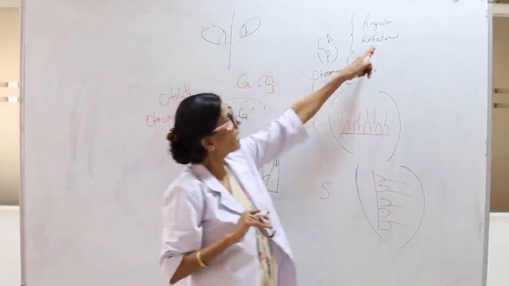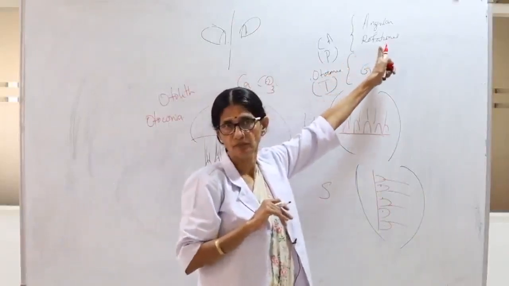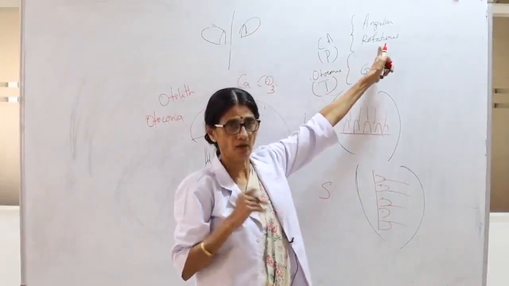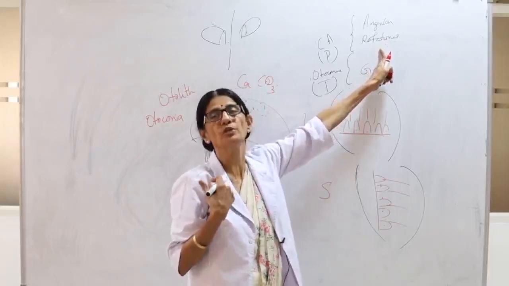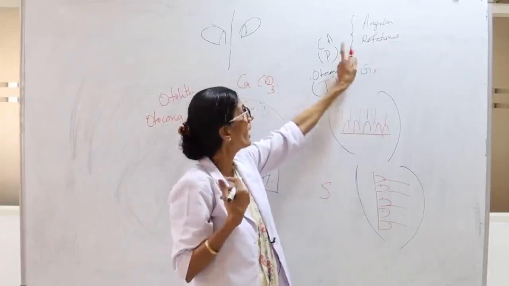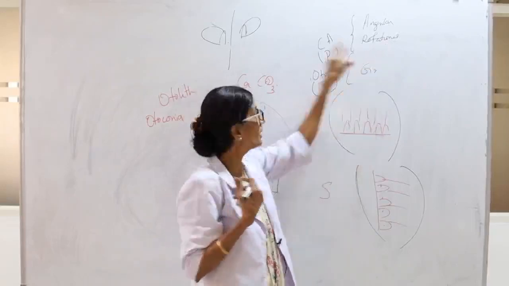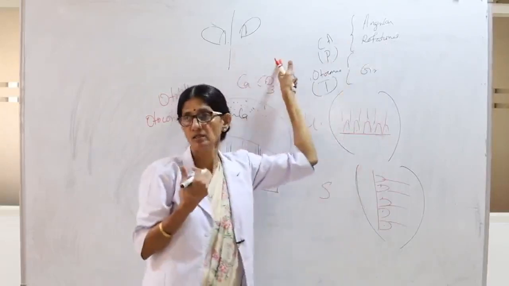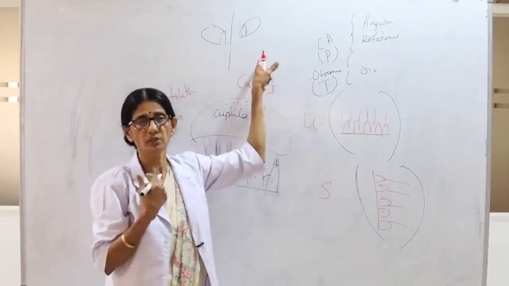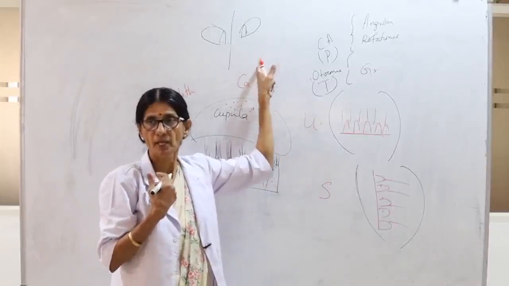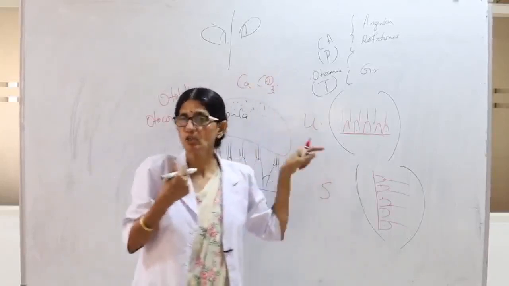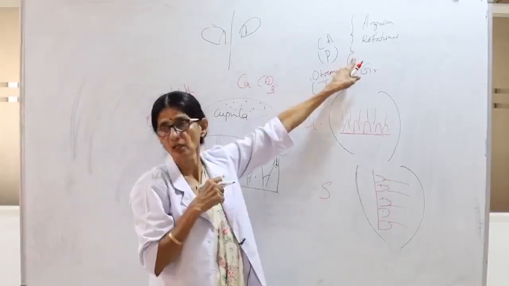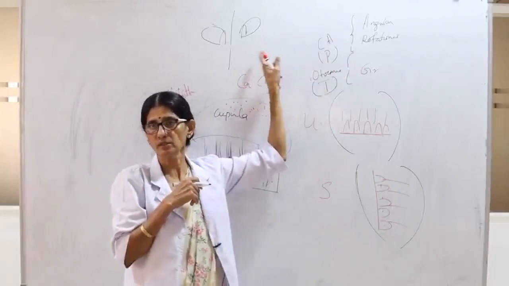Now when we consider angular acceleration, when a person nods the head by saying yes, it goes in the anterior-posterior direction. That produces an angular acceleration that will stimulate the receptors of the semicircular canals. Even if the person says no by turning the head left to right, that is another angular acceleration that will stimulate these receptors.